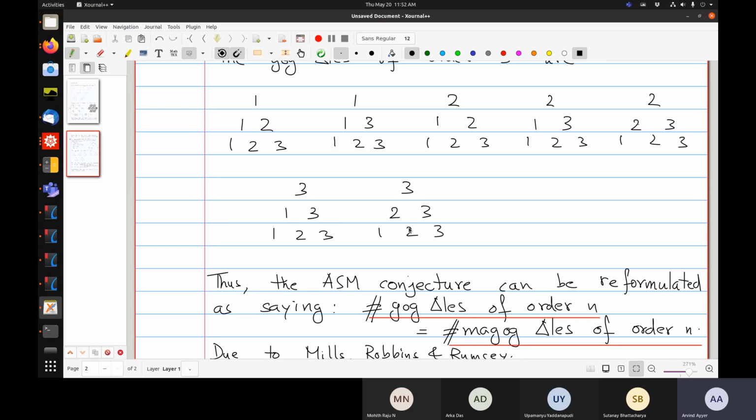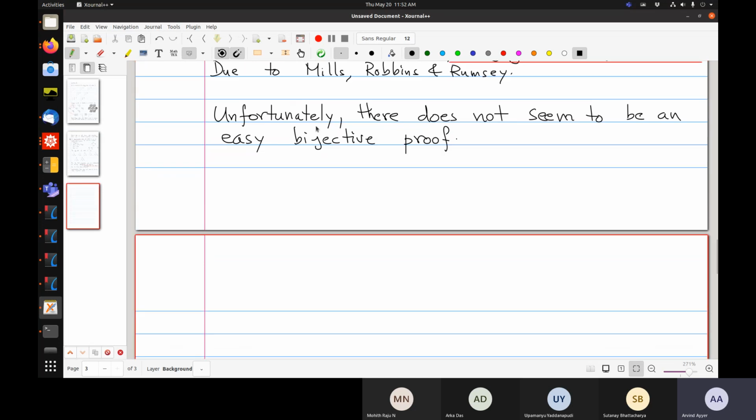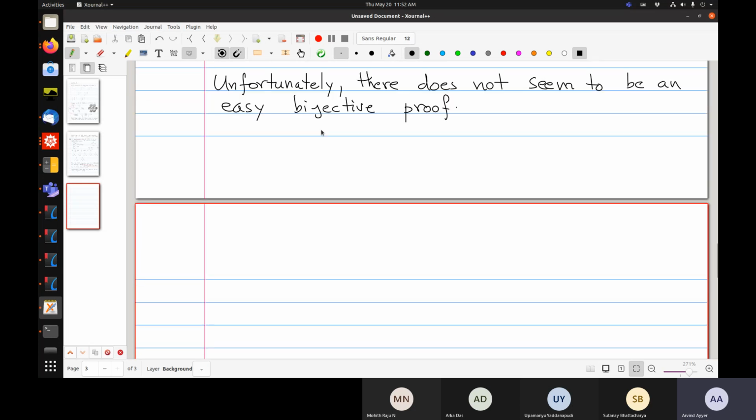That suggests that there has to be a bijective proof, but several people have tried very hard, and only partial results are known. Okay, but I want to show you some more results and conjectures which suggest that there has to be some unifying idea which we don't have yet.